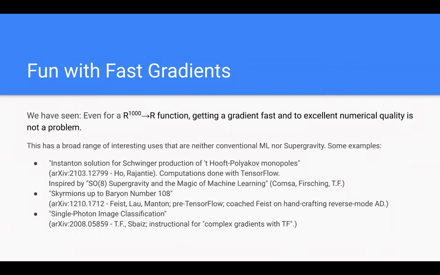So you can do these things with this technique. Then another thing that was done with this approach from 2012 was working out the spatial structure of bound states of solitons in a Skyrme model with a Skyrmion Lagrangian. So a model of baryons up to baryon number 108.